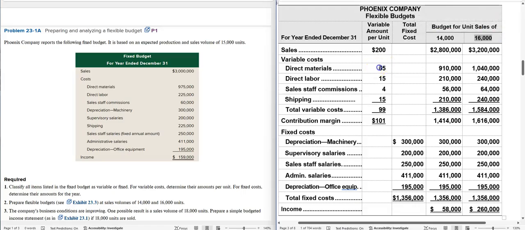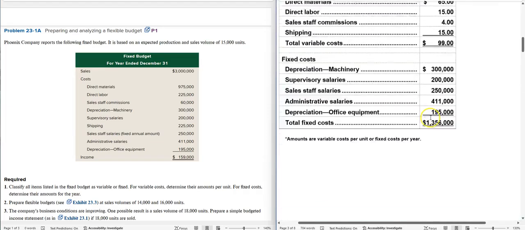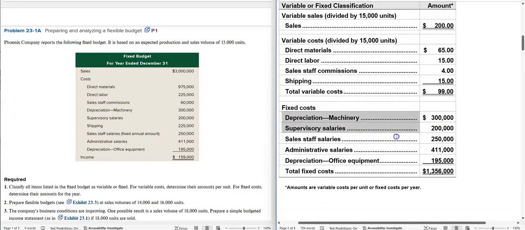16,000 times the variable cost per unit budgeted, we come up with total variable cost for a budget of 16,000 units. Revenues minus variable cost gives the contribution margin. Then we need to subtract out all of the fixed cost. And remember, these costs are fixed.